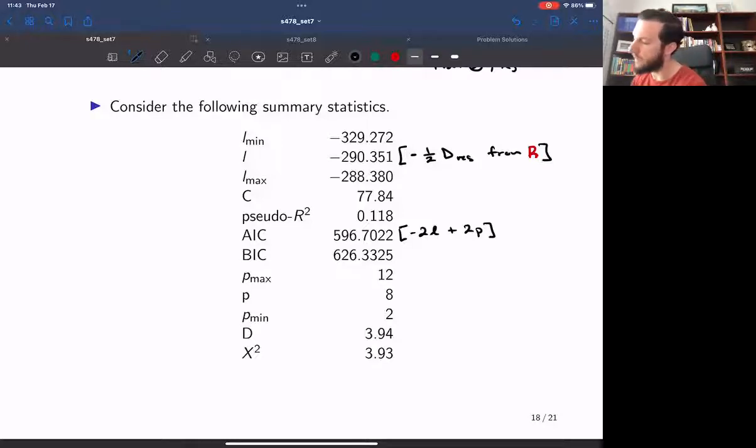So for example, we have 8 parameters in the fitted model. So if we took the AIC, which is 596.7022, and subtracted 2 times 8, and then divided that by -2.